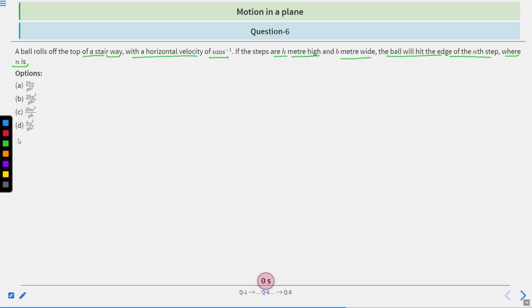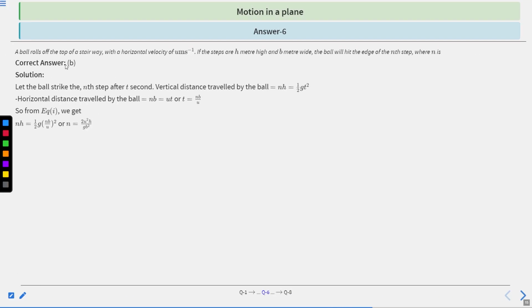Let's find the solution. A ball rolls off the top of a stairway with horizontal velocity u meter per second. If steps are h meter high and b meter wide. Clear? Nth step where n is what?